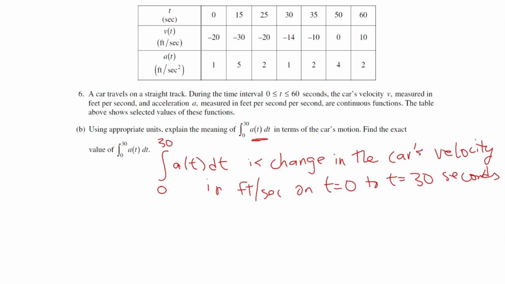And so now we want to find the exact value. That should be really straightforward because we know the integral of acceleration is velocity. It might be a little daunting at first when you read it to say, how am I going to find the exact value of this?